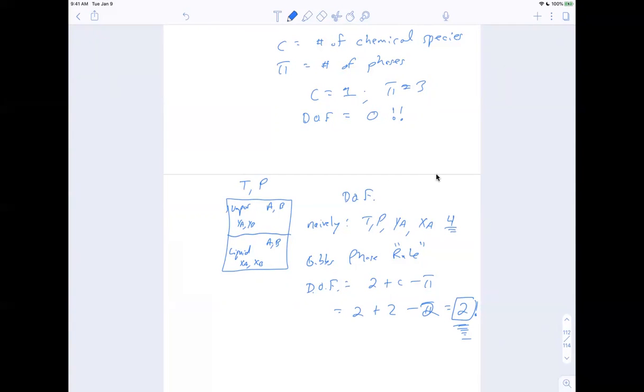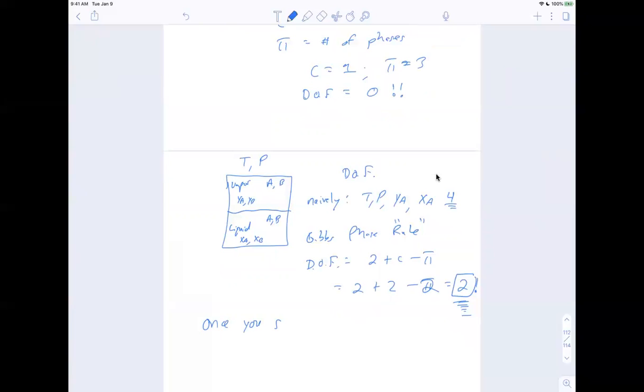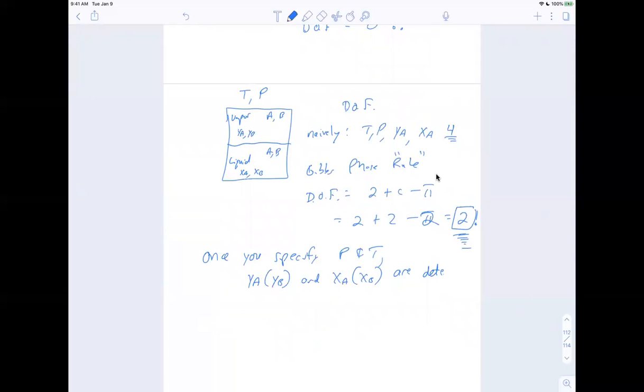What that tells us is something very interesting: once you specify pressure and temperature, YA and hence YB, and XA and hence XB, because remember the sum of the mole fractions has to equal 1, are determined. You have no degrees of freedom. You have no freedom in specifying the mole fractions or the compositions of the fluids.